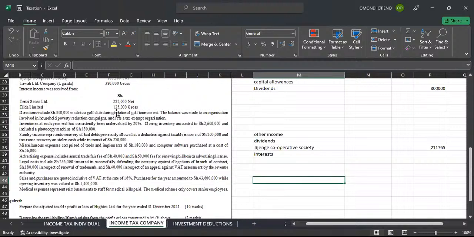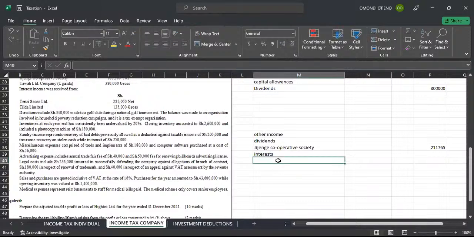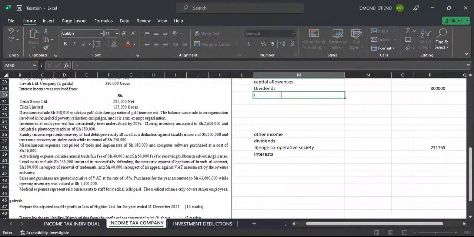Whatever is given here is net. It means they have deducted the 15%. So we have to add back the missing 15%. This one here is given at gross. So we just add back that gross value because we subtracted it up there.